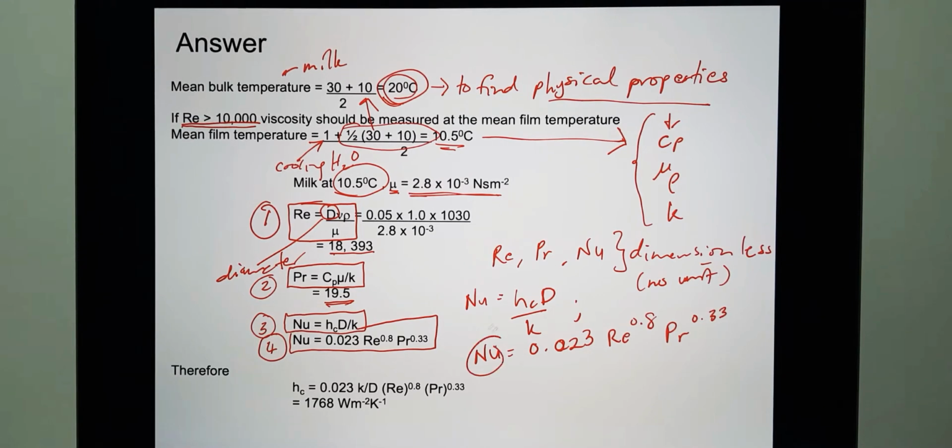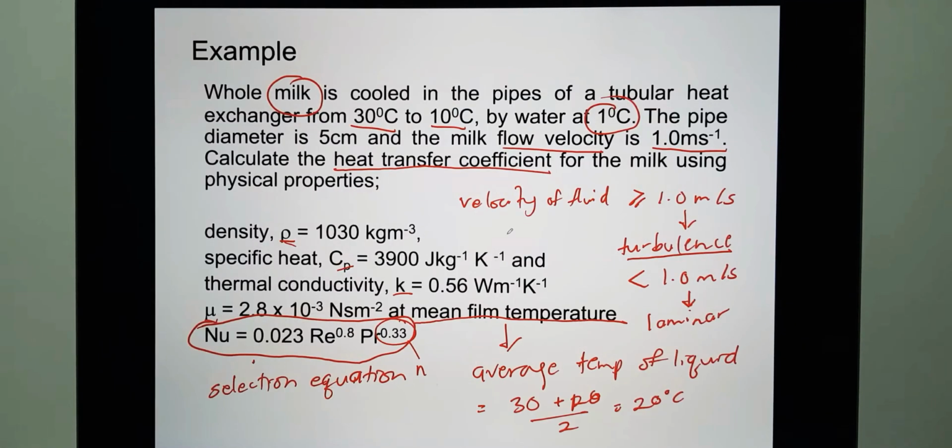This one is Nusselt, this one is Nusselt. They are equivalent. So what's happening here is we are going to look for the value of Hc. Again, can you refer to the previous slide whereby you need to calculate the heat transfer coefficient.